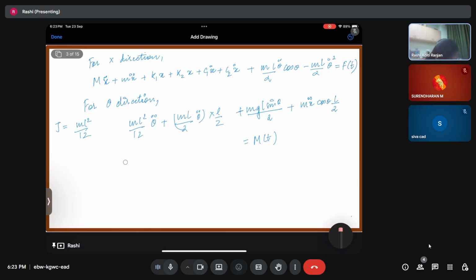So theta is very small, so sine theta is nearly equal to theta, and cos theta is equal to 1.